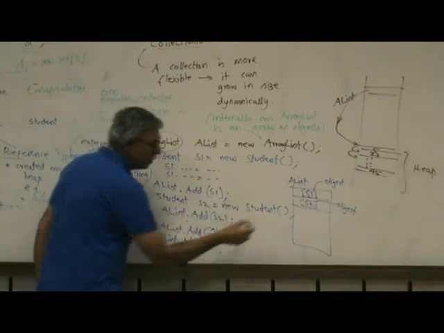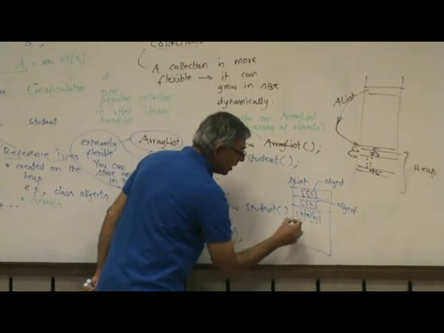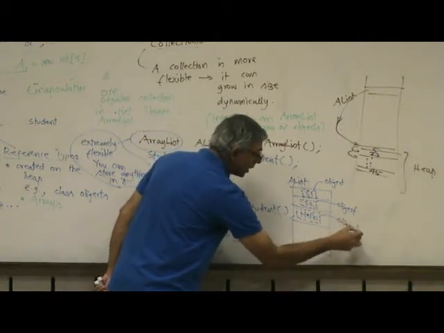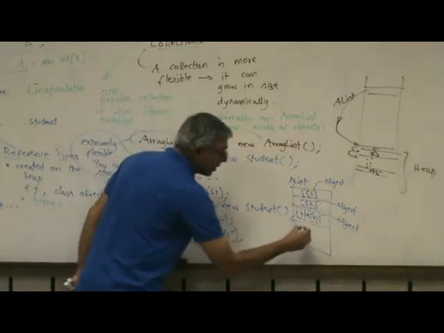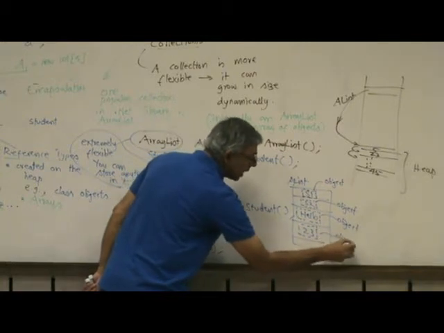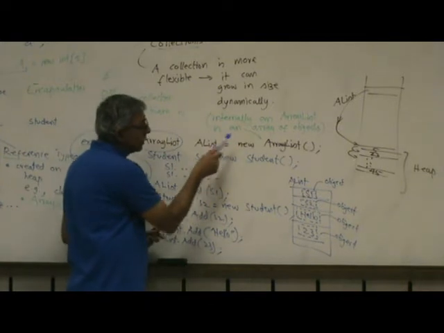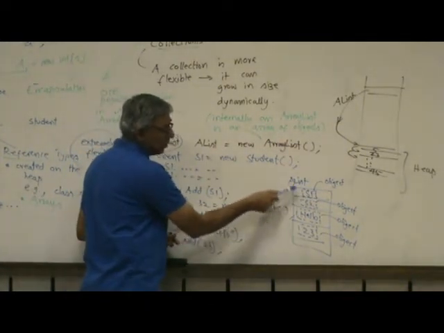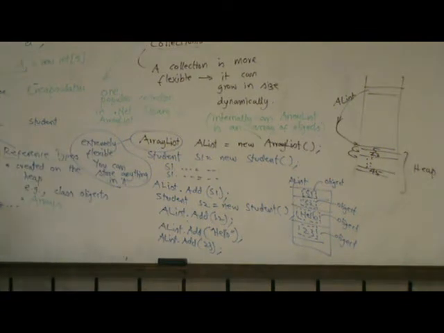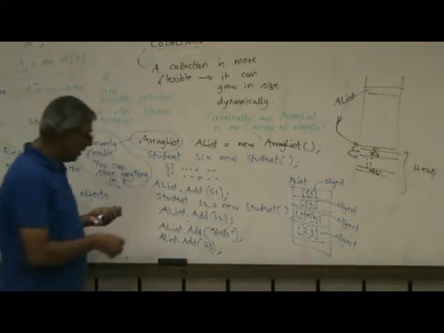To add hello, again a box is created around it, also converting it to an object. Once we try to store 23, also a box is created around it and it becomes an object. As I mentioned, internally it's really an array of objects. So sure, it can store different things over here, but it does create a complication once we are trying to recover the data that we have stored in the array list.